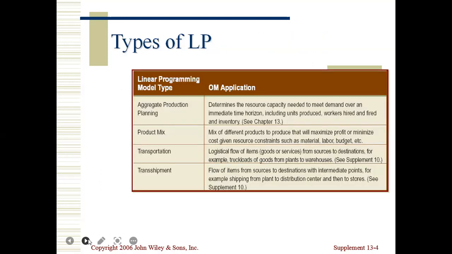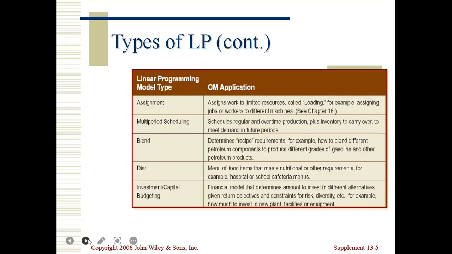There are different types of linear programming problems: transportation problem, product mix, transshipment, aggregate production planning, assignment problem, multi-period scheduling, blending, diet problem, or food problem, such as the diet of a diabetic patient, a newborn baby, or an old man or patient.